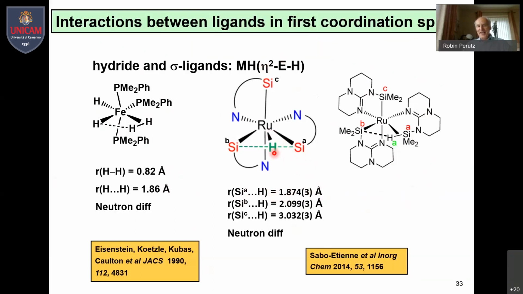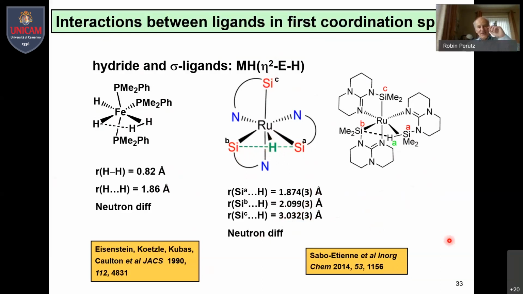But that hydrogen there interacts with its neighboring silicon, B, that length is 2.099, but it does not interact with the 3rd silicon, C. That distance is far too big to be significant, 3.03 angstroms. So in other words, we have 1 relatively short silicon hydrogen, 1 a bit longer, there's the interaction, and one which is distant, not interacting at all.